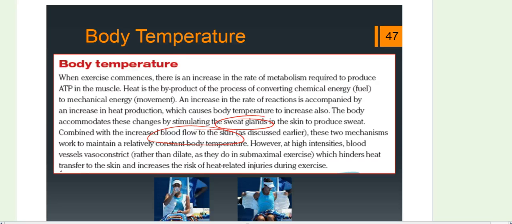The cool environment will then penetrate the blood, remembering that things move from a high concentration to a low concentration, so a high concentration of heat in the blood, low concentration of heat in the atmosphere. So that works well if it's cool environment. If it's a hot, muggy environment, then that doesn't work particularly well.